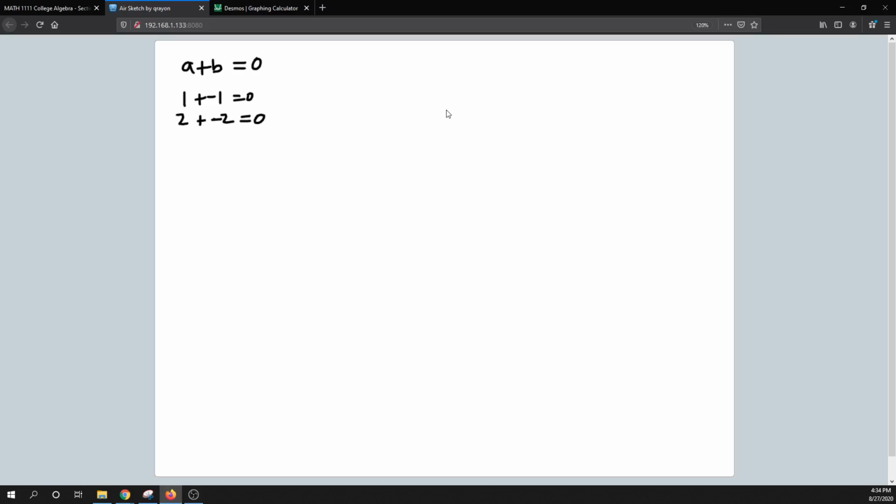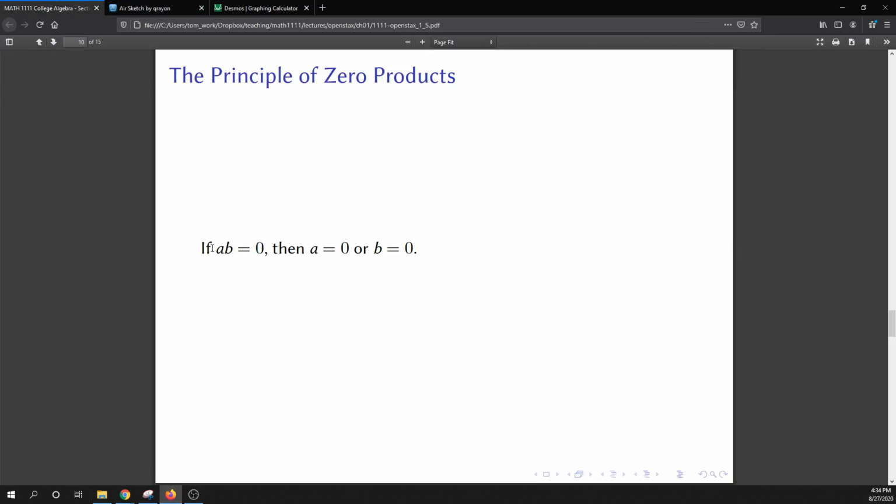The possibilities are endless. So both of those things are extremely important. This side over here has to be factored, written as a multiplication problem. That's why in the previous videos we've been talking about factoring. So you have to factor this side, and then you have to have 0 on the other side in order to be able to use this principle of zero products.